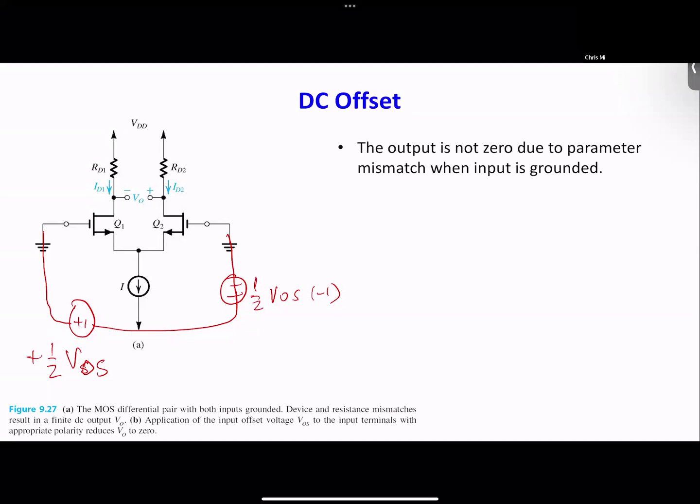So make it easier. Okay, now the question is how much should we apply so that we get 0? Well, it depends on the mismatch. Let's make some assumption. Let's assume that RD1 is equal to RD plus ΔRD over 2. Let's say the mismatch is ΔRD.